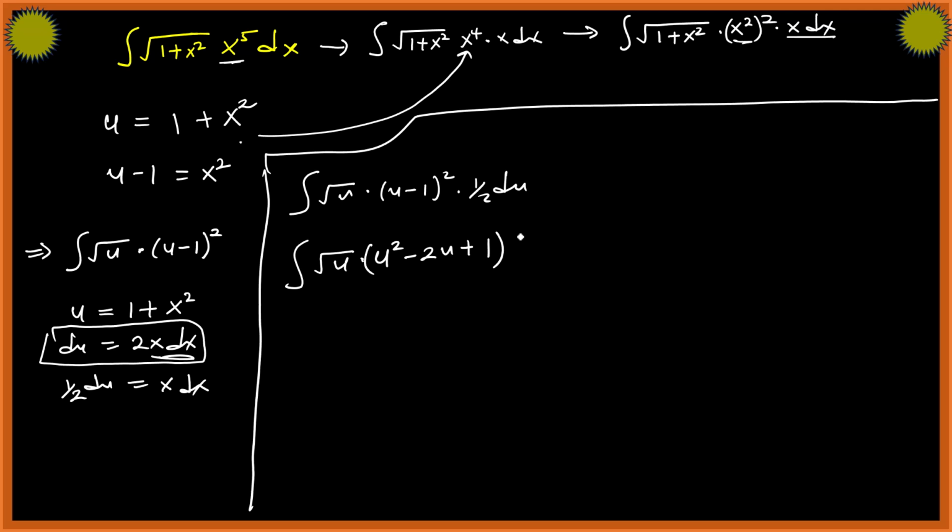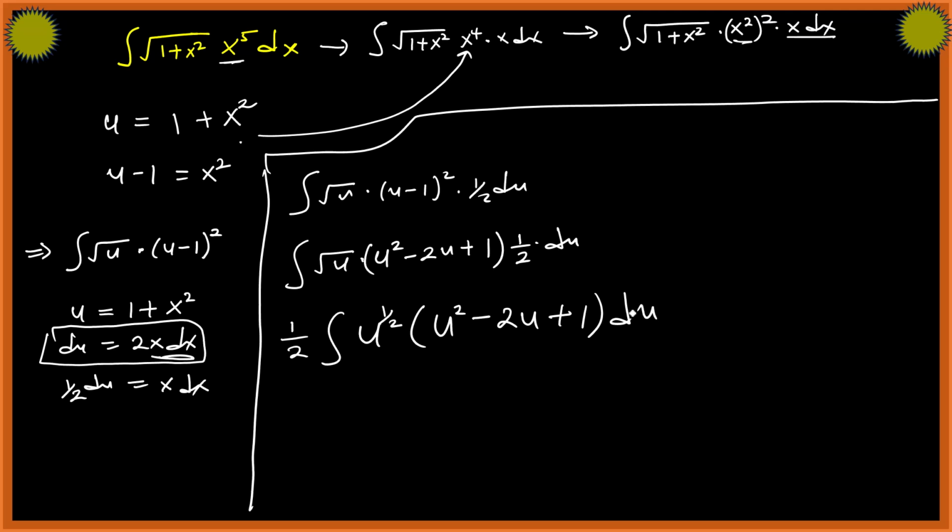So we have half the integral of u. Let's bring the half outside, and this one is the same as u raised to half times u squared minus 2u plus 1 du.